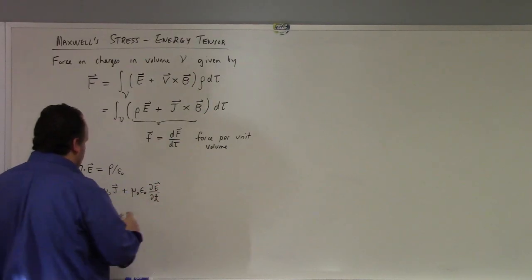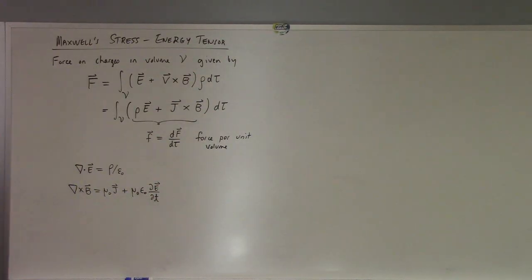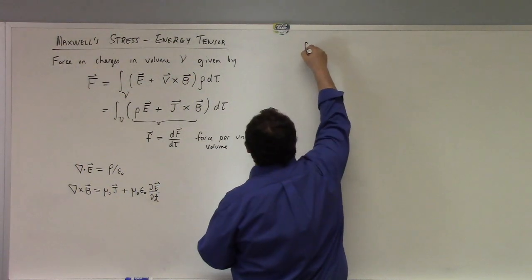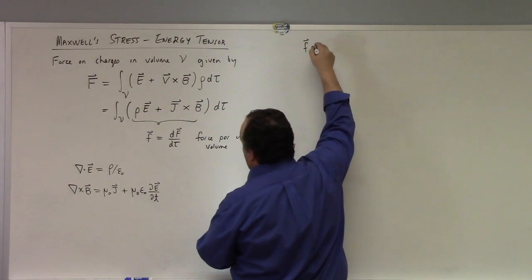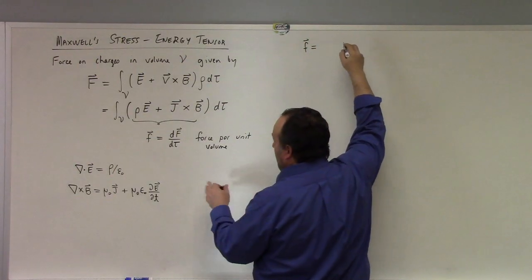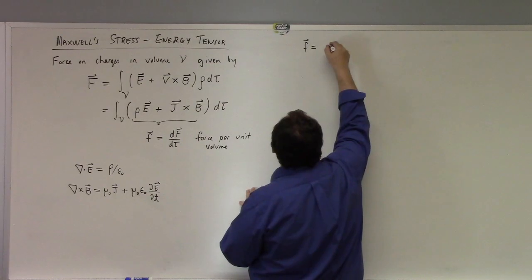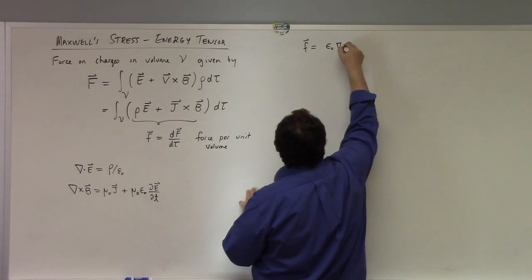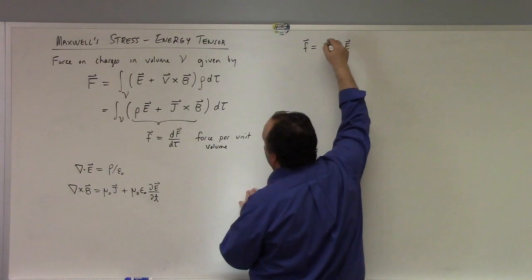This is Ampere's law with Maxwell's correction. So if you take these two gadgets here, we can trade my rho for epsilon naught times the divergence of E.